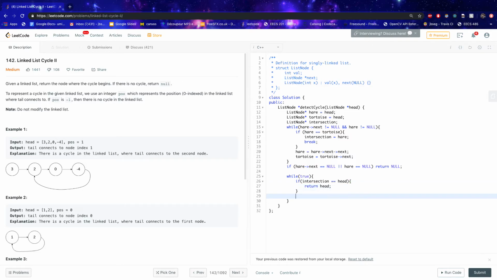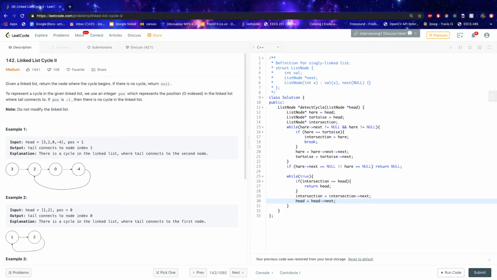Else we're just going to say intersection gets intersection next. Remember, now we're going one at a time for both of them because we know they're going to eventually hit each other because they're both equal to like negative k values from the starting position.